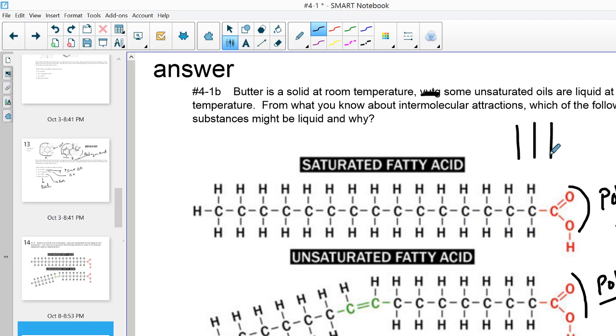So if I draw these fatty acids next to each other, one of the properties of a London dispersion force is basically surface area, and this is long chains.